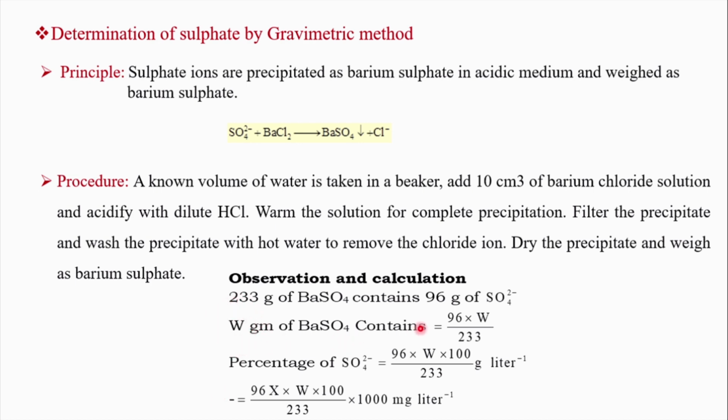W gram of barium sulfate contains W times 96 divided by 233, and this much is present in 100 ml of water. When you simplify, it gives the percentage of sulfate present in the water sample. If you want to express this in ppm, the resulting answer should be multiplied by 1000, so that the answer will be in ppm or milligram per liter.